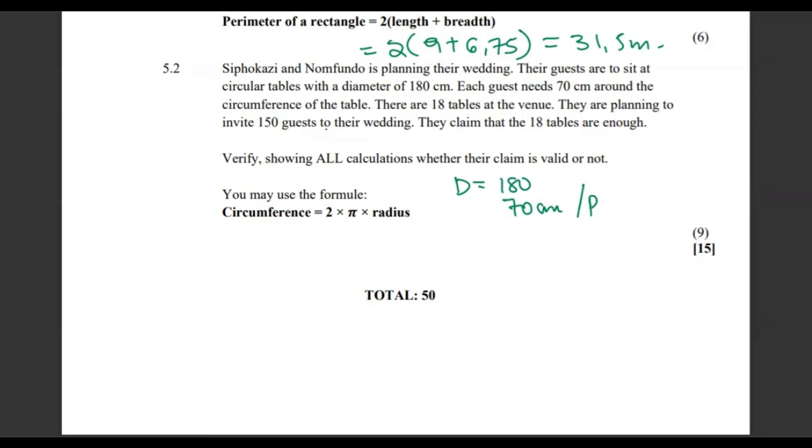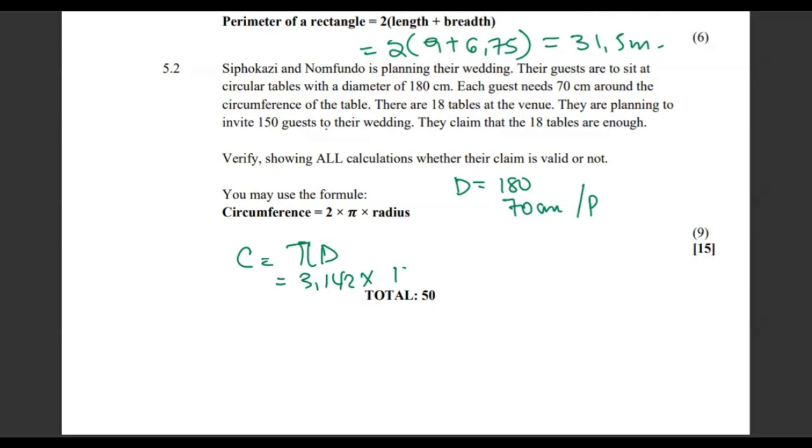All right, here we go. The first thing you do is to look for the circumference of the table, which will be circumference equals pi d, which is 3,142 times the diameter.